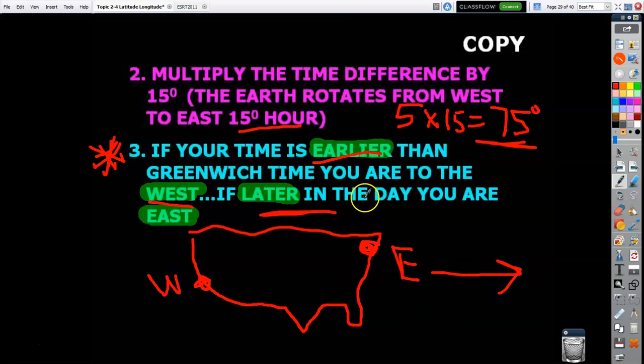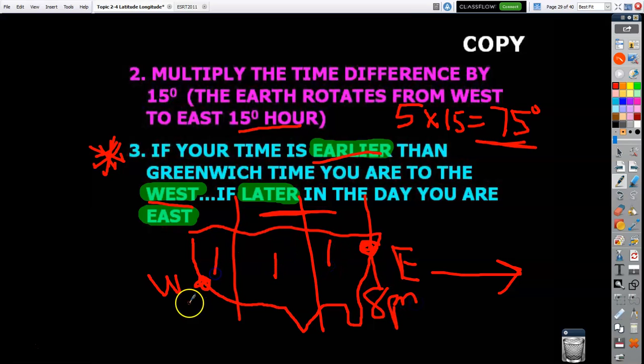So because of that, we are 1, 2, 3 hours ahead of California. So if it's 8 p.m. in New York, this is 7 p.m., 6 p.m., 5 p.m. It's only 5 p.m. in California. So we are to the east. We are later in the day. So later in the day, you're to the east, earlier in the day to the west.